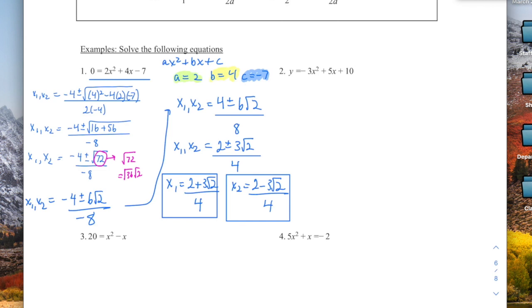All right, so if I look at number 2, I actually see that I can't answer this question. And the reason is because it's not a quadratic equation.